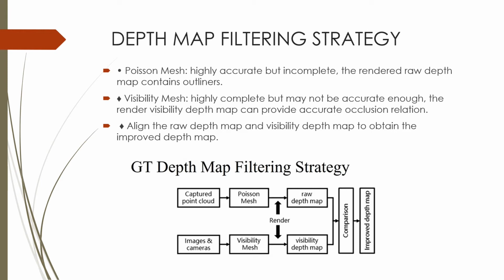This raw depth map is compared with the visibility depth map to obtain an improved depth map. This improved depth map is our actual output we used for 3D reconstruction. Harish will explain about the evaluation and the result.